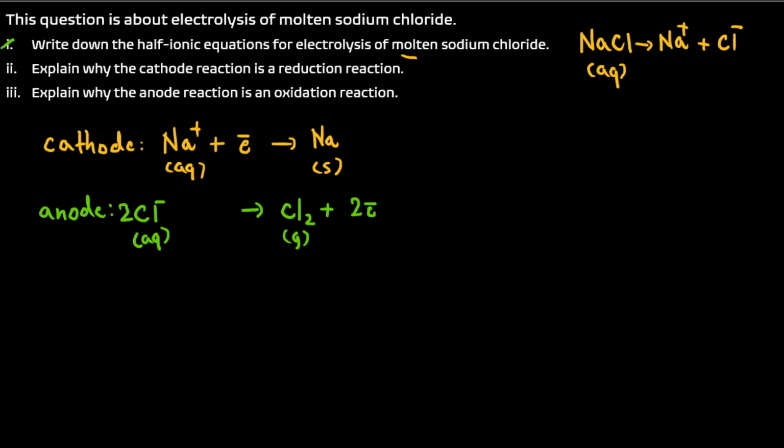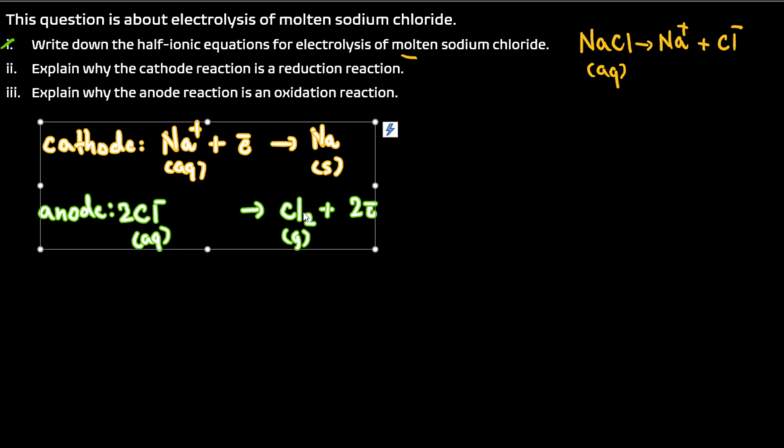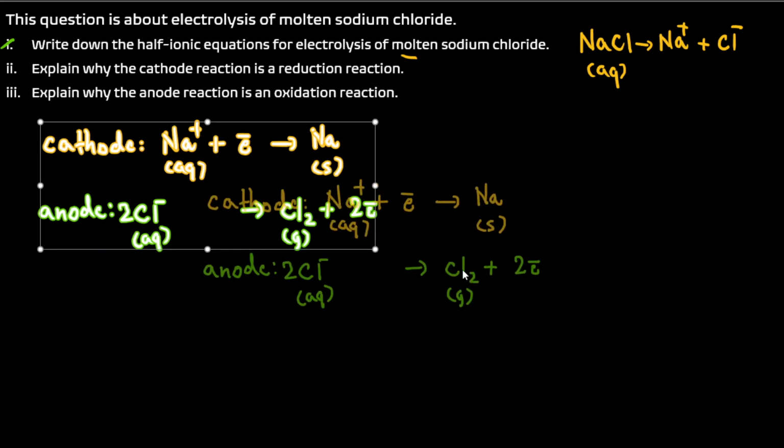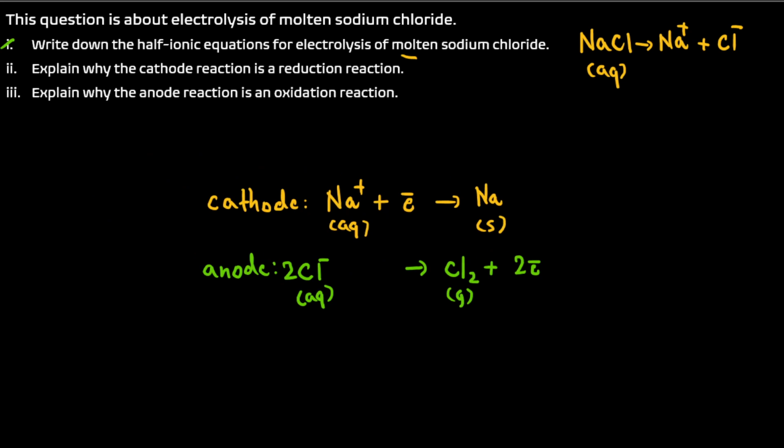Number 2, explain why the cathode reaction is a reduction reaction. So the cathode reaction is a reduction reaction because you can say two things. Na+ is reduced from +1 to 0. Sodium ions are reduced to sodium solid. Or you can say that sodium ions gain electrons from the cathode. Number 3, explain why the anode reaction is an oxidation reaction.